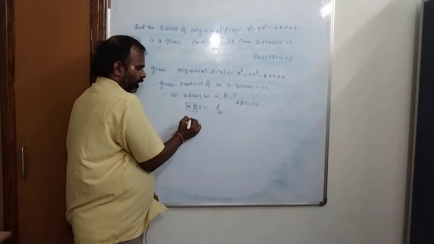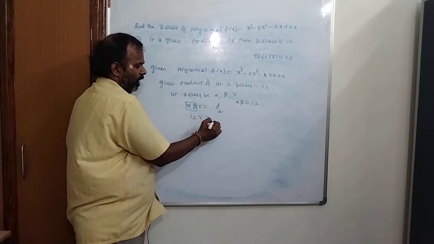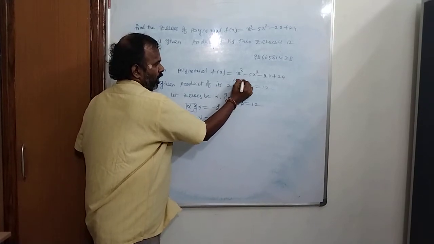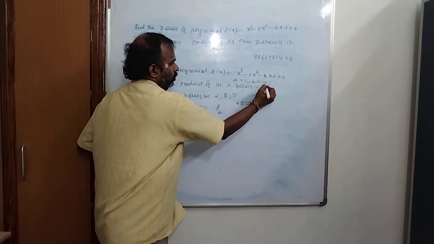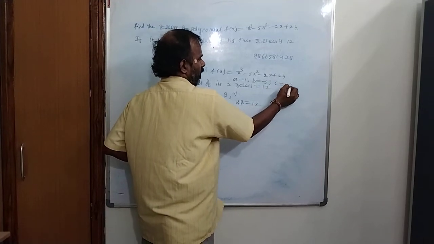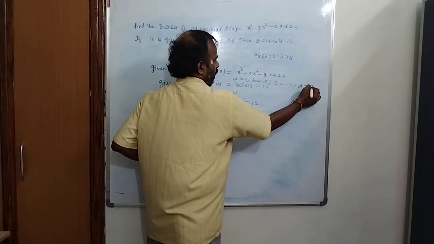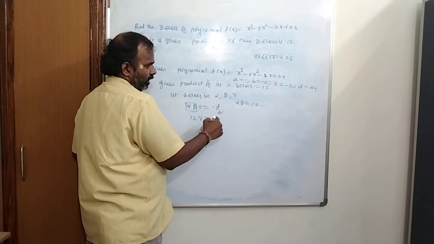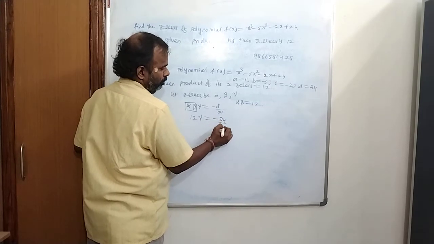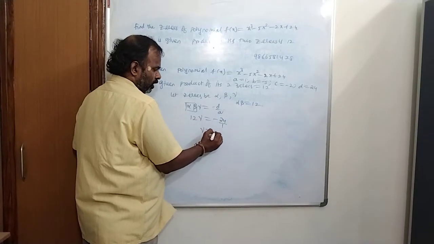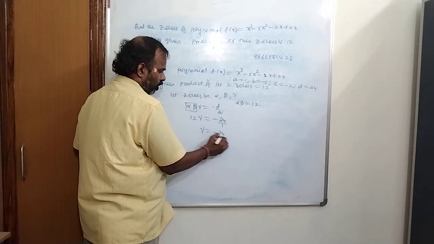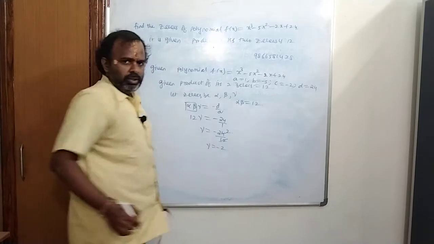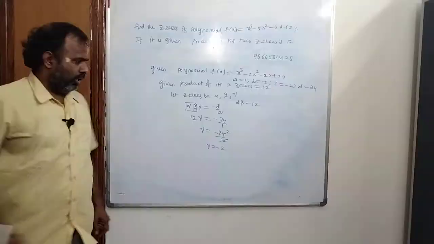So replace this with 12 gamma is equal to minus d. Here a is 1, b is minus 5, c is minus 2, d is 24. So 12 gamma is equal to minus 24 by 1, gamma is equal to minus 24 by 12. 12 ones are 12, 12 twos are 24. Gamma is equal to minus 2.